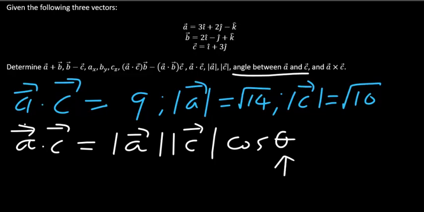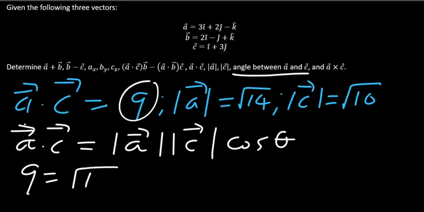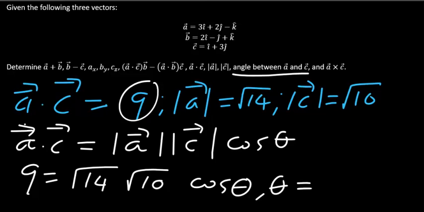A dot C is 9, we have computed that earlier. The magnitude of vector A is square root of 14, the magnitude of vector C is square root of 10, times cosine theta. And you see that theta can be calculated. When you do that, you get theta to be 40.5 degrees. So that is the angle between vector A and vector C.